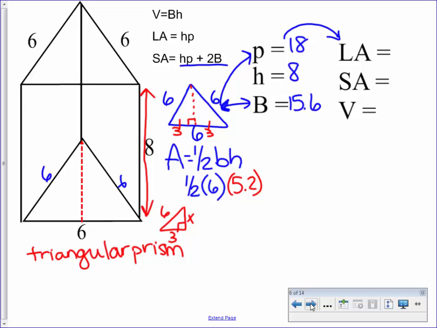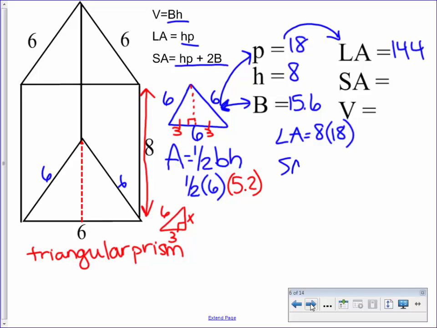So now if you notice, we have H, P, and B for the values in our formula. So let's just plug it in. LA is equal to H times P, so 8 times 18 will give us our LA as 144.